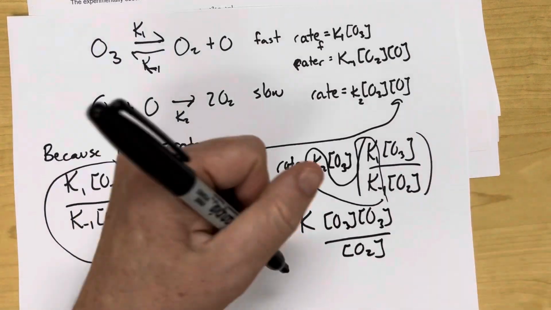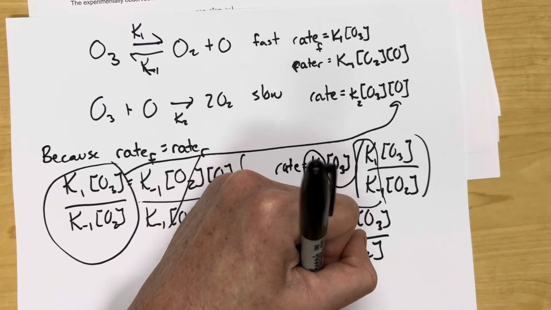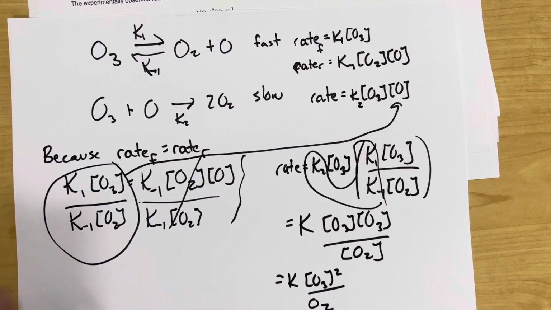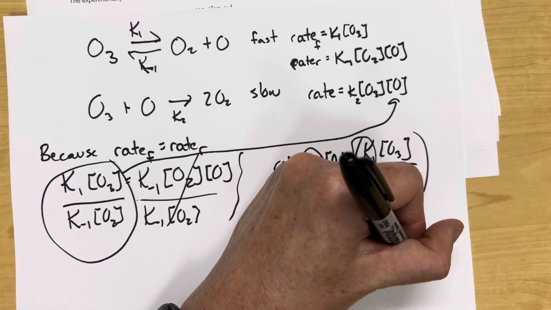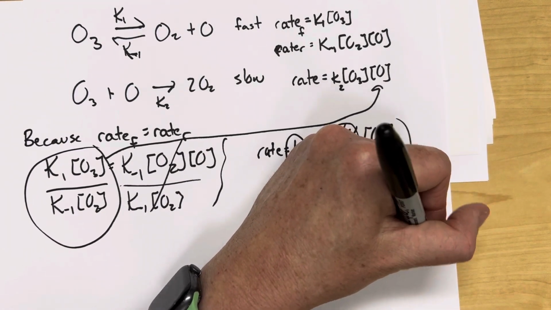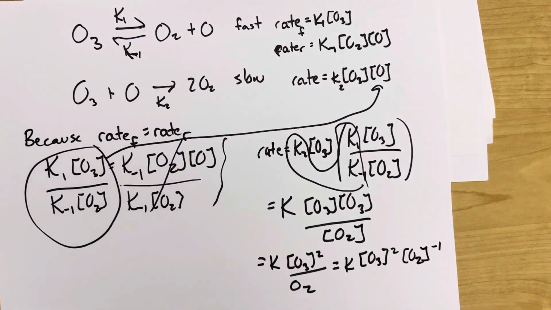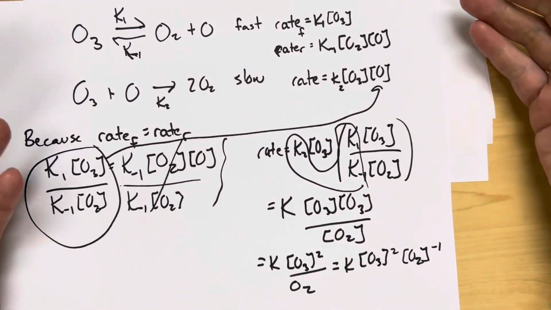Well, if we push those together, that's K O3 squared over O2, which is the same thing as saying K O3 squared times O2 to the negative 1. So we took the slow rate, we realized we couldn't use O, we had to replace it with something.